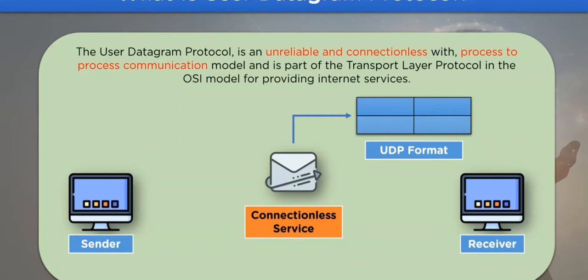As for connectionless, it means that the UDP format does not provide an established path for the data to transfer. Instead, it uses multiple different paths, which we will look into further in the video.